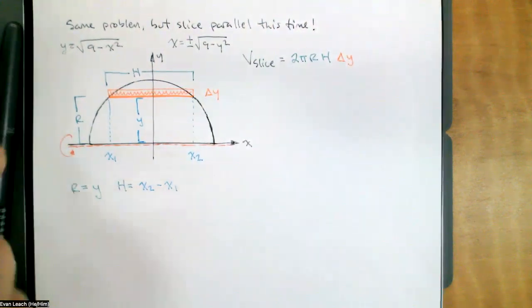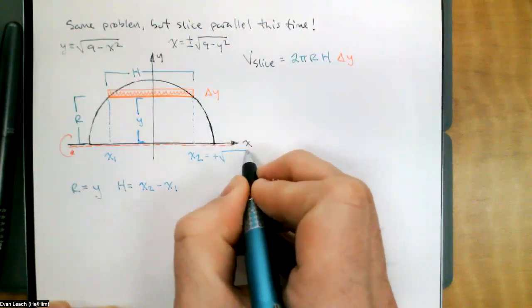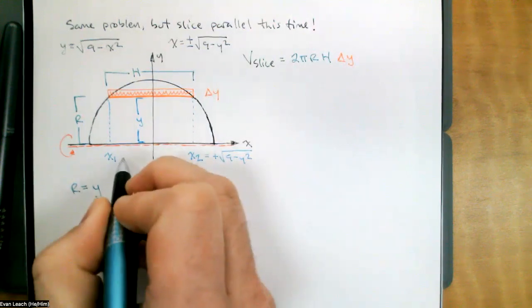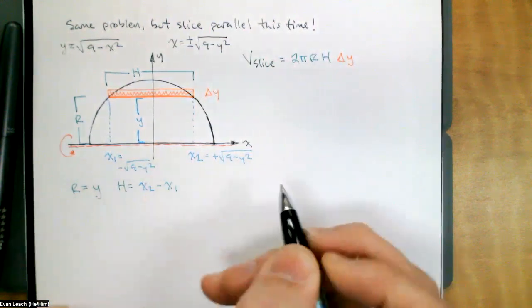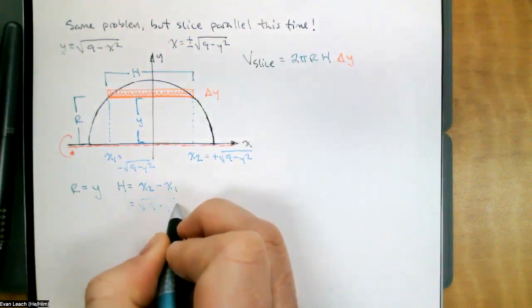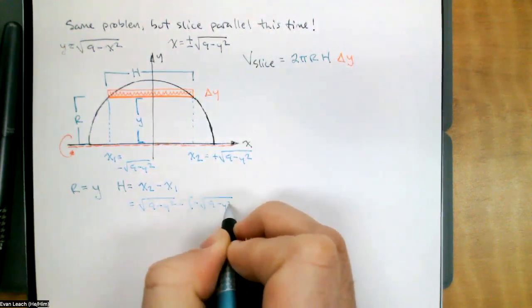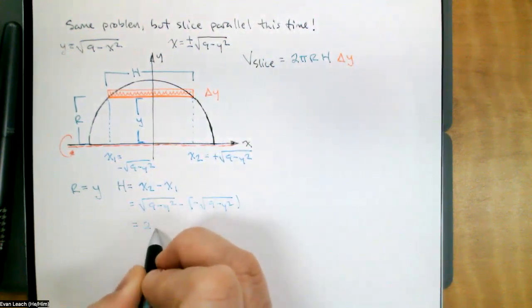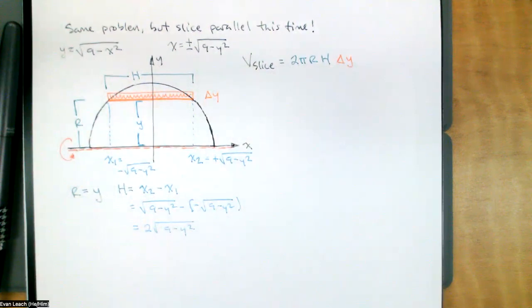So it looks like x2 is going to be the positive square root of 9 minus y squared, and x1 is the negative square root. So it looks like our height is 2 of these square roots of 9 minus y squared.